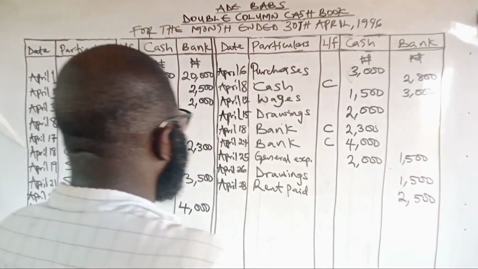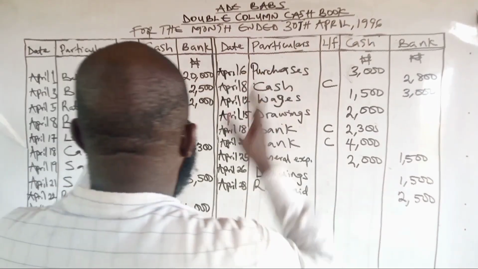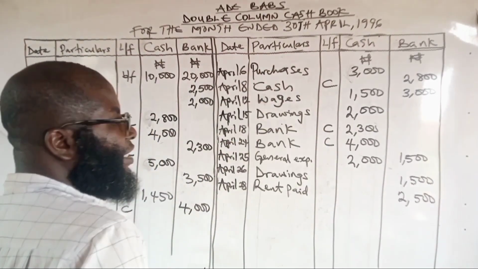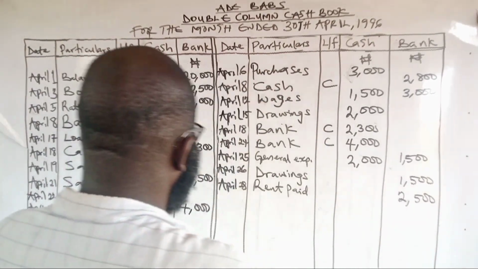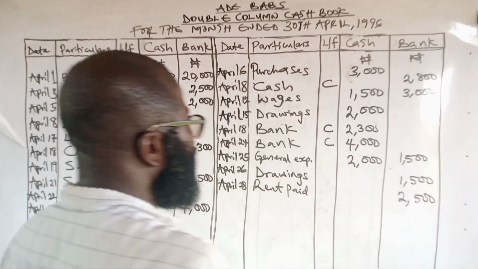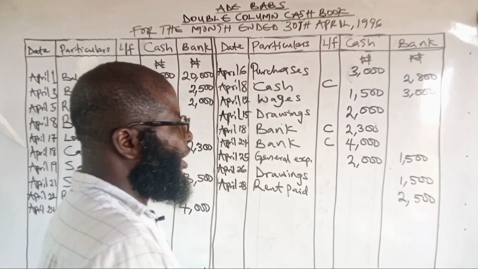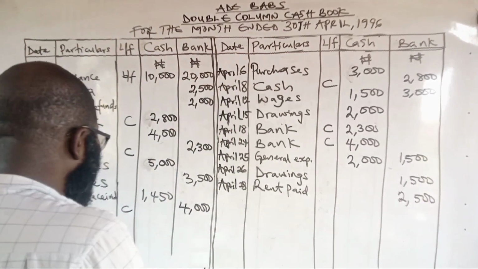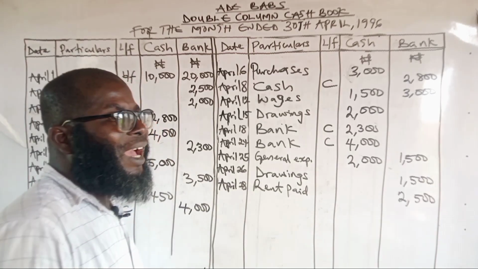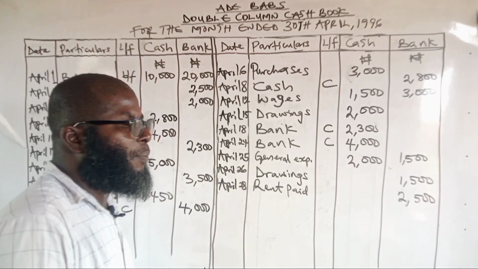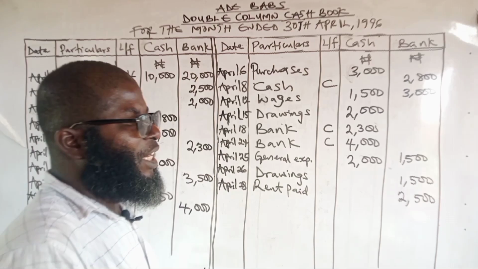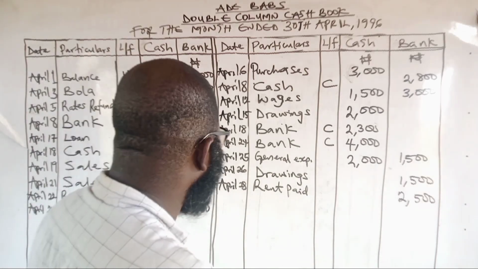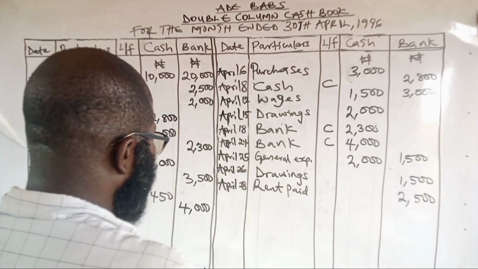The next thing is to calculate the debit side and that of the credit side and see the one that is greater. Then I can now deduct the lesser figures from the greater one in order to consider the cash account or the bank account balance I'm having at the end of April 30th.